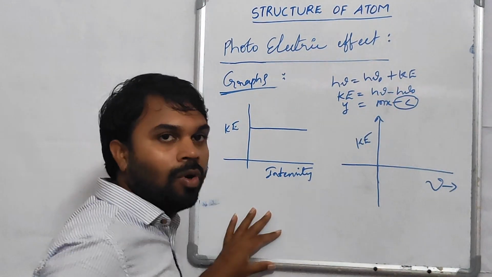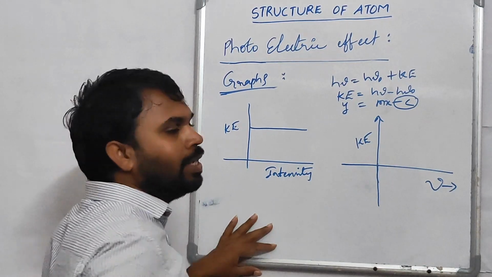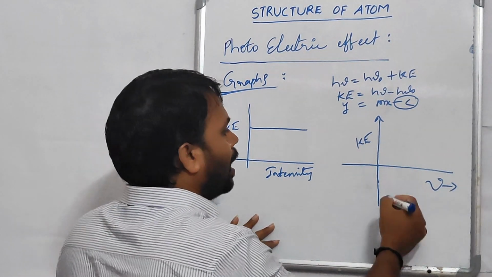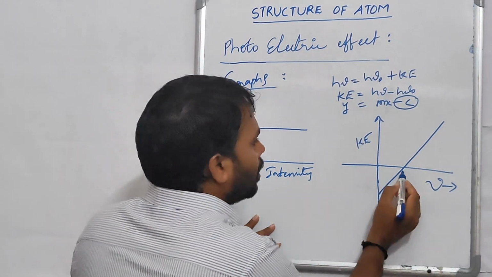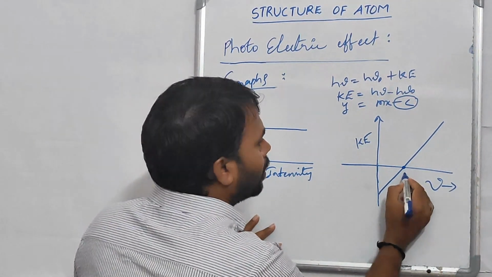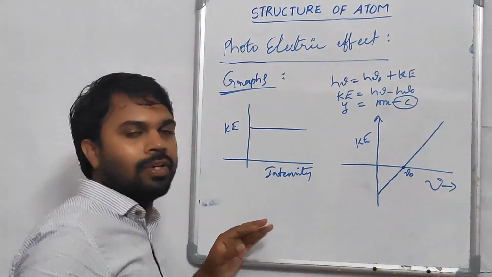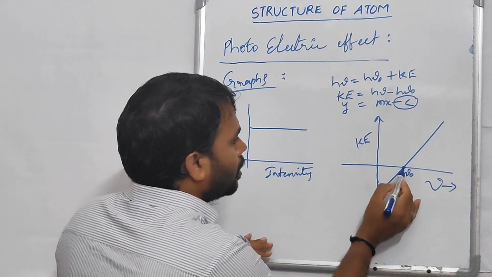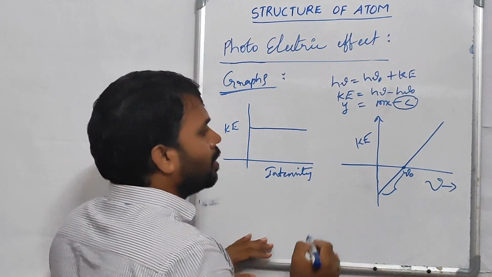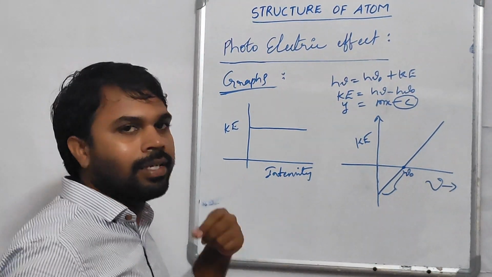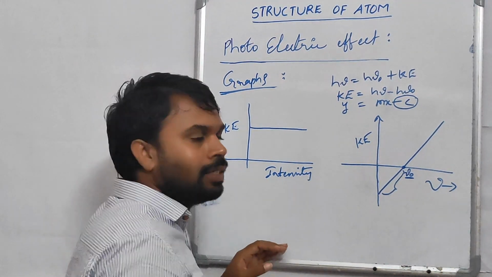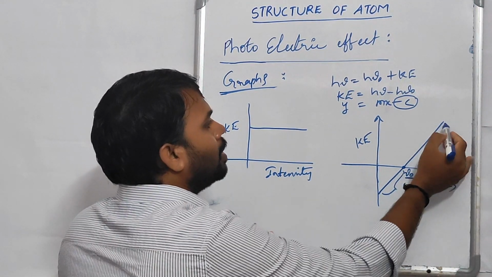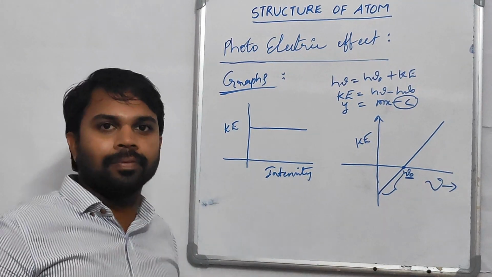Here m is the slope. The negative intercept indicates the straight line starting from negative values on the y-axis. This value indicates the threshold energy or threshold frequency. This is the energy required to eject the electron. This energy equals the threshold energy. After that, the energy is used for kinetic energy.